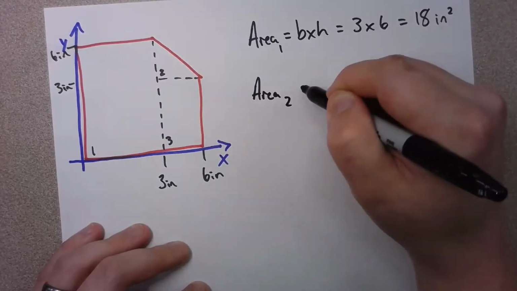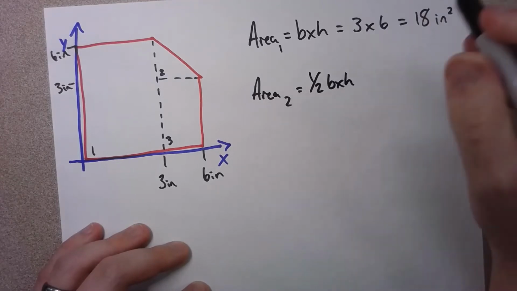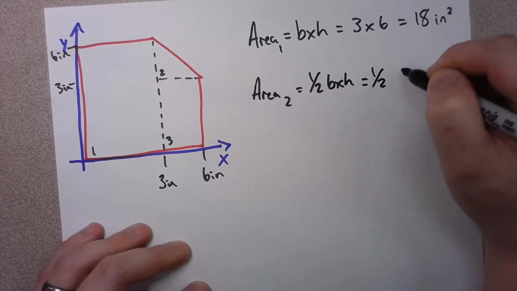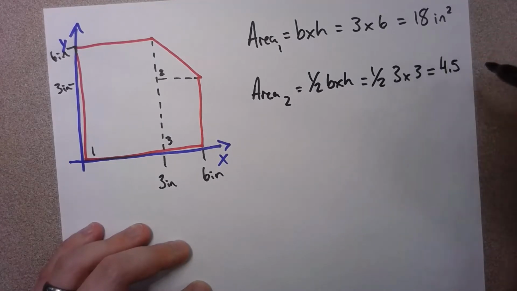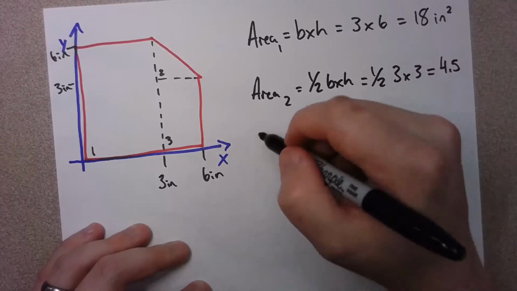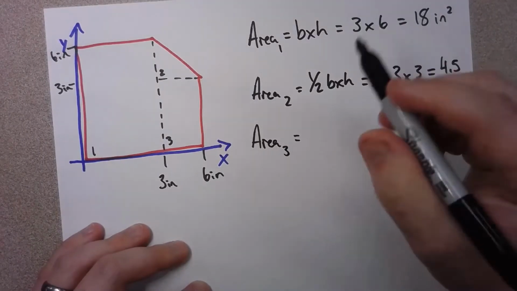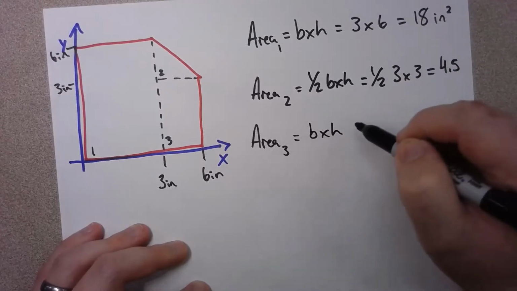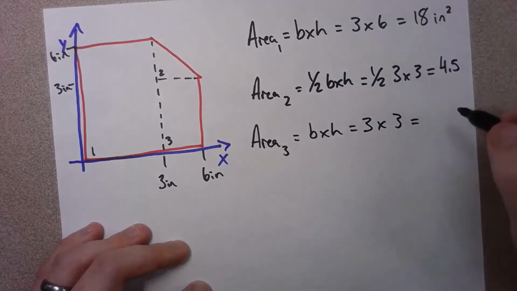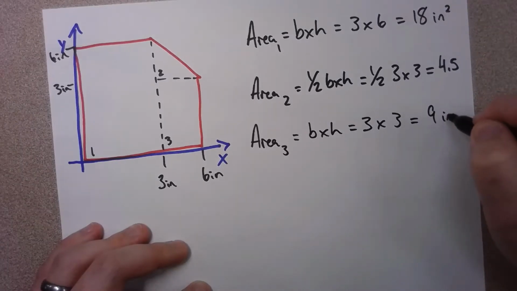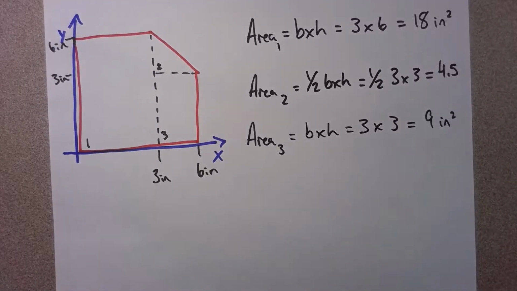Area of shape 2 is equal to 1/2 base times height, which is equal to 1/2 times 3 times 3, which is equal to 4.5 inches squared. Area of shape 3 is equal to base times height, which is equal to 3 times 3, which is equal to 9 inches squared. Okay, so that's step 3.